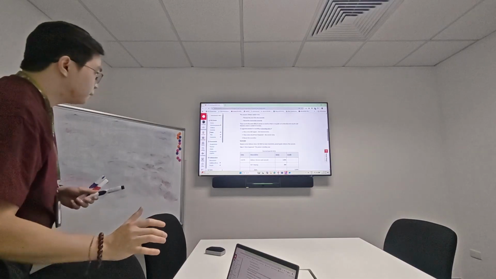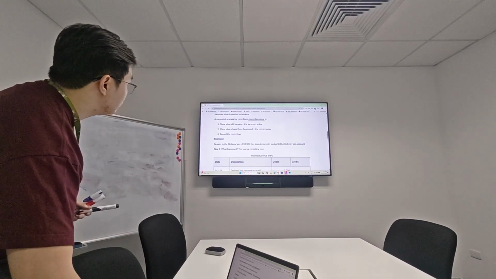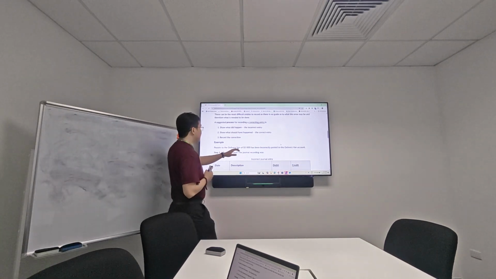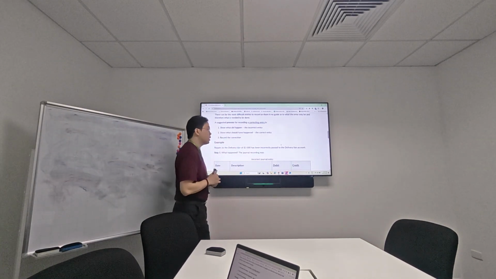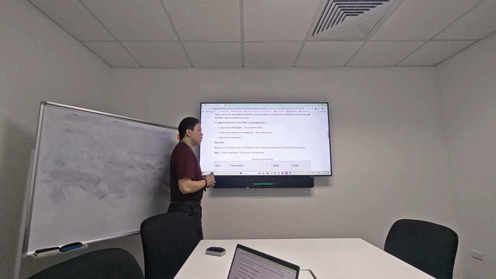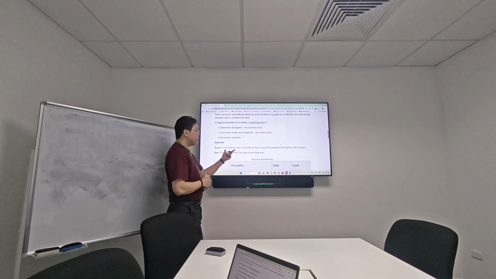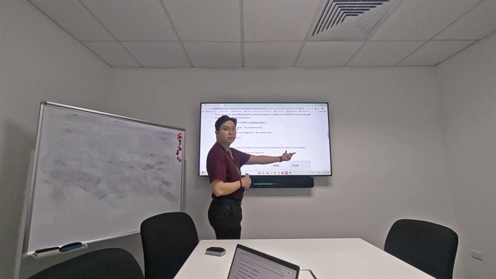So let's use one example and follow the steps. This example: repairs to the delivery van of $3,000 has been incorrectly posted to the delivery van account. The $3,000 should go to delivery van repairs, but instead it goes to delivery van.